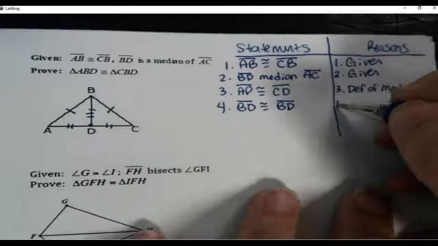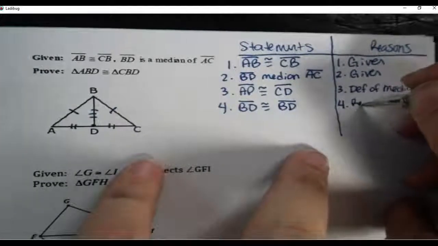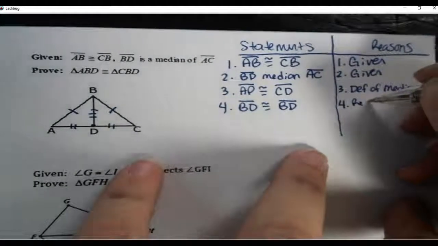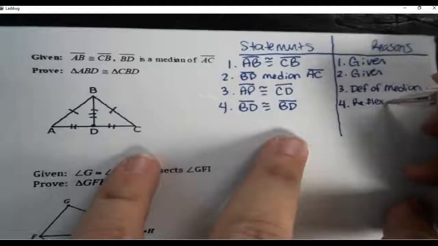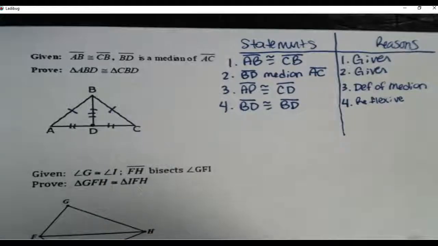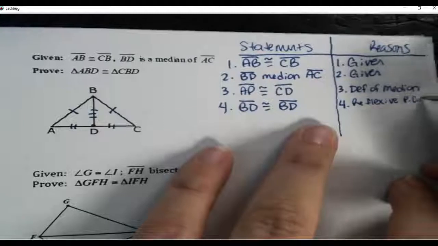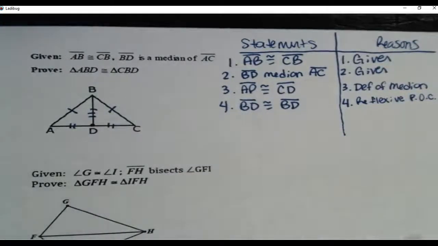And so I know it's been a couple weeks, but remember when something equals itself, that's called the reflexive property. And instead of being a property of equality, now it's a property of congruence. So POC, property of congruence. So now, can we assume these triangles are congruent?